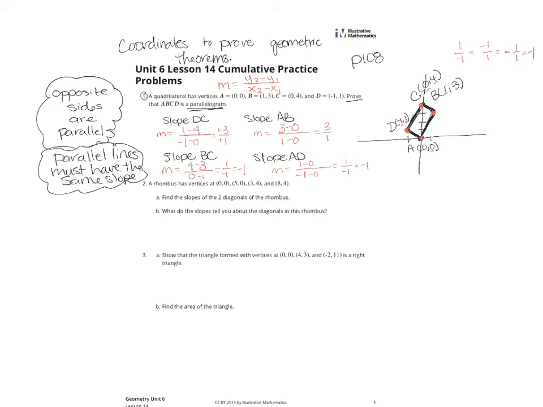So I've shown that opposite sides are parallel over here on the left by showing that they have the same slope. So I can say that ABCD is a parallelogram because opposite sides have the same slope.